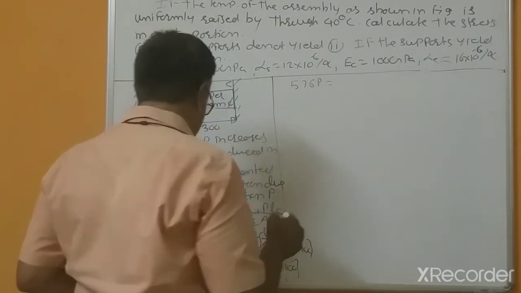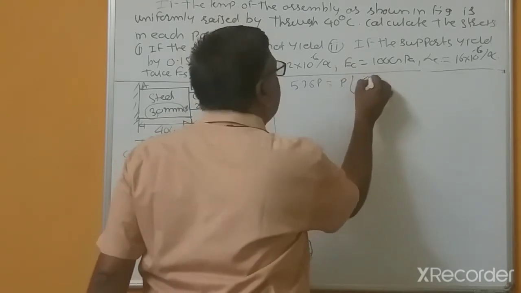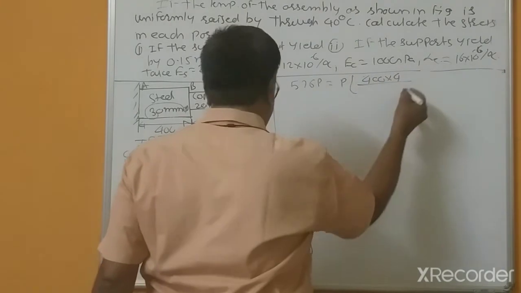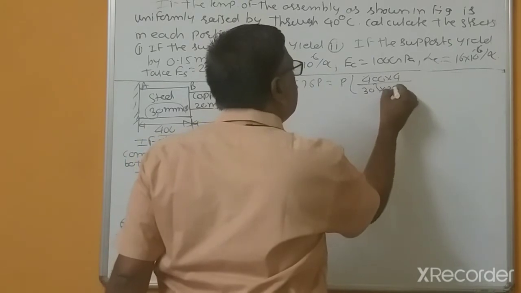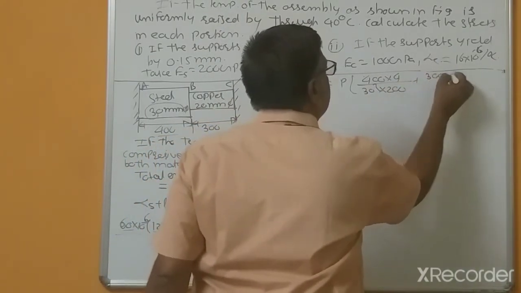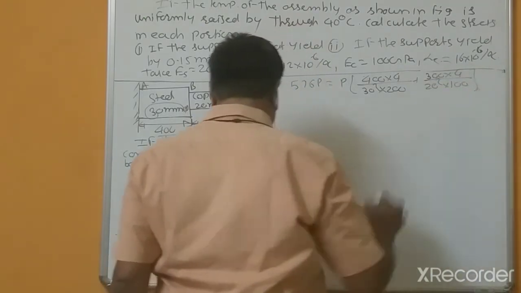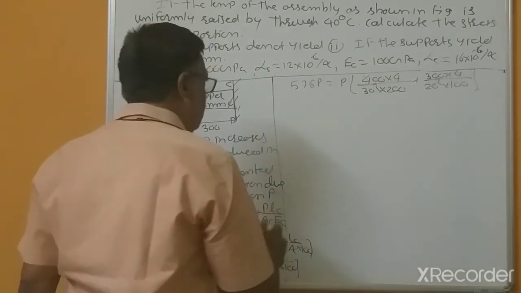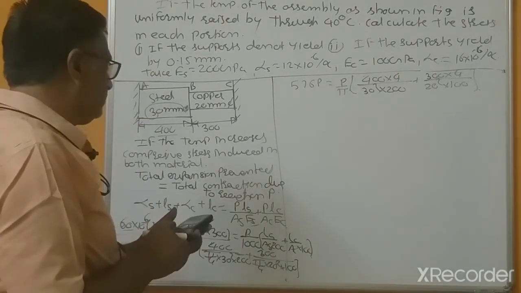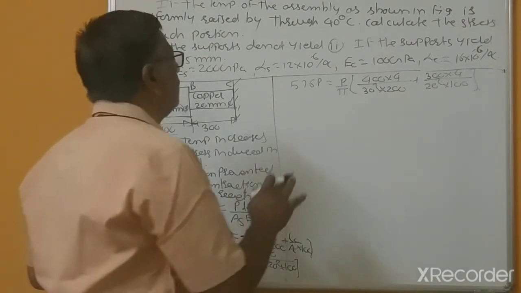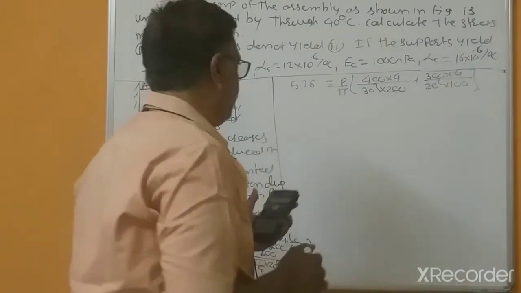Now by taking P common, P into 400 divided by 4, 30 square, 200 plus 300, 20 square into 100. So this is the simplified form, right?